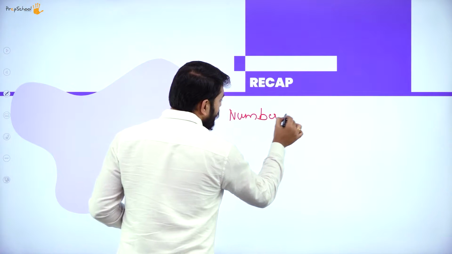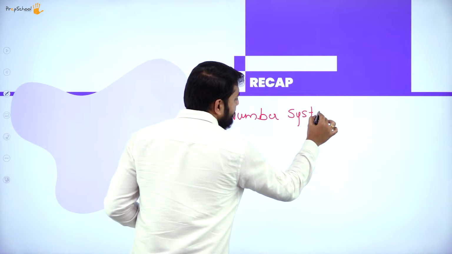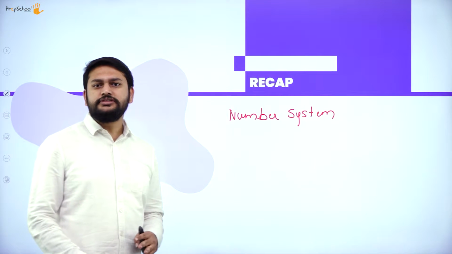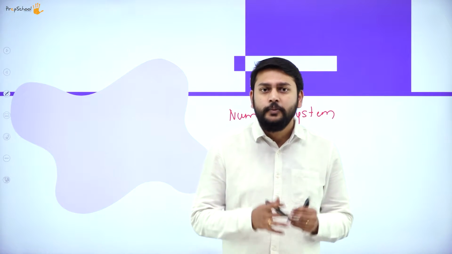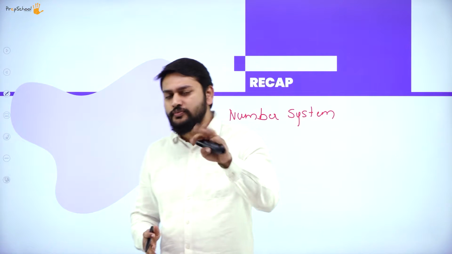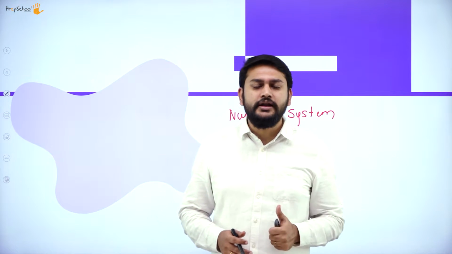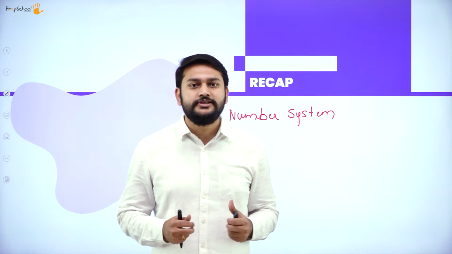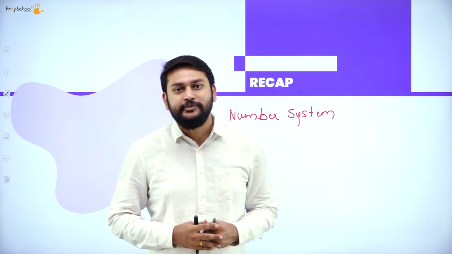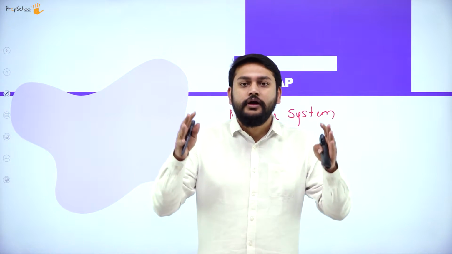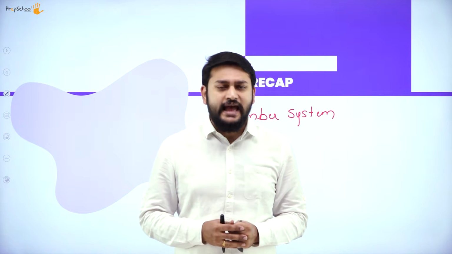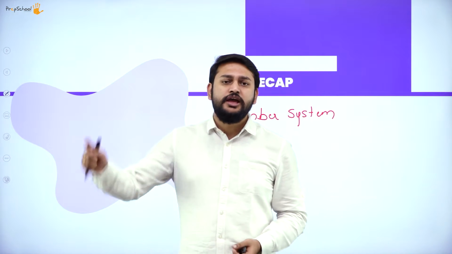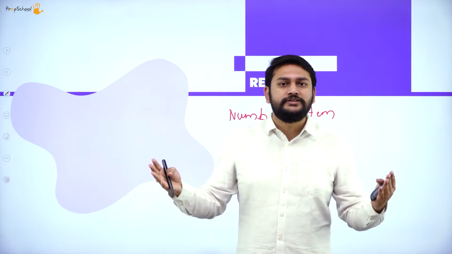We discussed the different types of number system: binary, decimal, octal and hexadecimal. So we have come to know that we have 4 different number systems, and how exactly each is represented is what we discussed in the previous session.